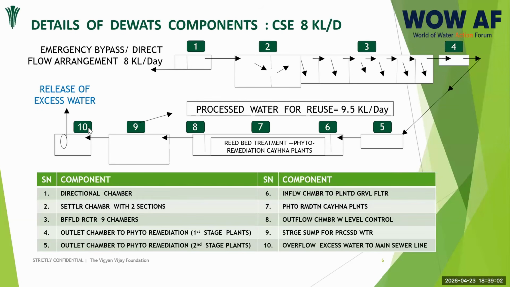This helps the little bit of gases still remaining in the water to come out, and the water gets duly aerated or oxygenated, ready for all the secondary uses. Okay, next slide, please.